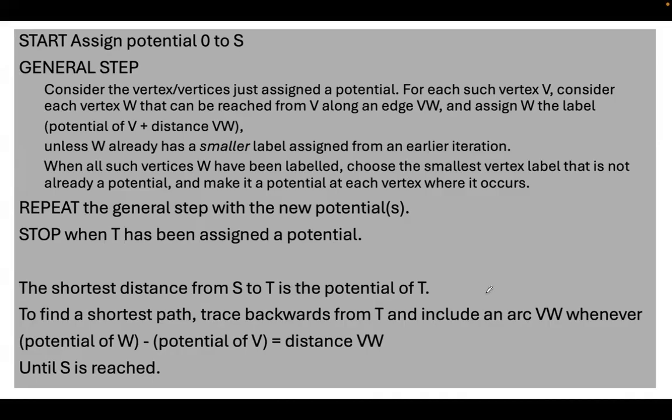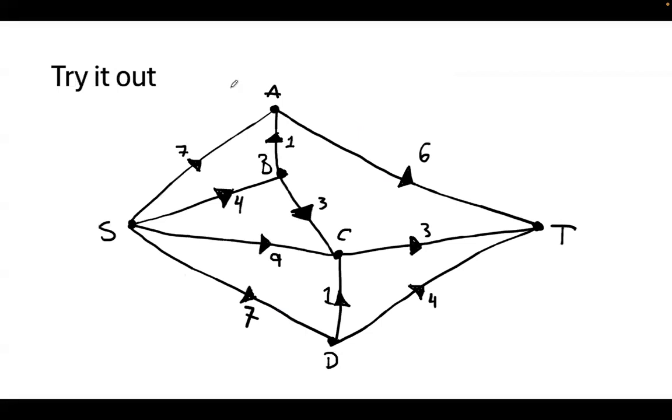So to start with, we've got some sort of network here, and we're gonna assign the potential, saying this is the distance or whatever the weight is to get to this vertex from the start vertex. So typically we'll denote one vertex as the start, and we're trying to find the shortest path to an ending vertex like T, or the shortest path to every other vertex in the graph.